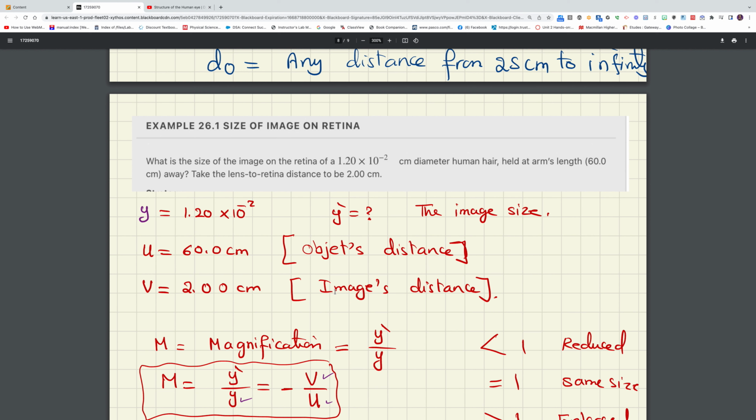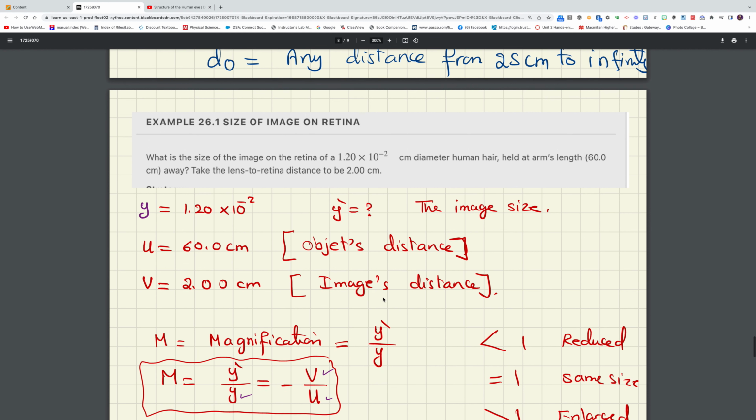Here, because I'm used to using u for the distance of the object and v for the distance of the image, u is 60 centimeters and v is 2 centimeters. U is the DO, the object distance, and v is the DI, the image distance. And this is the magnification.